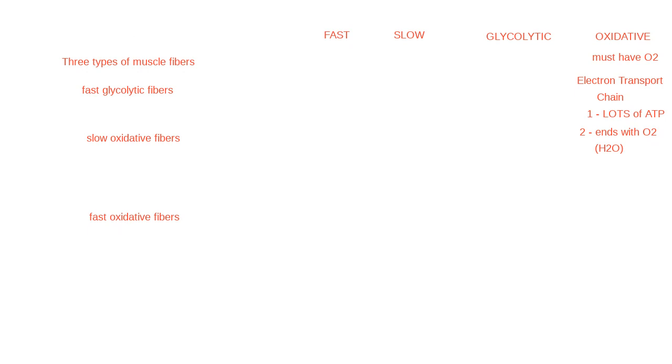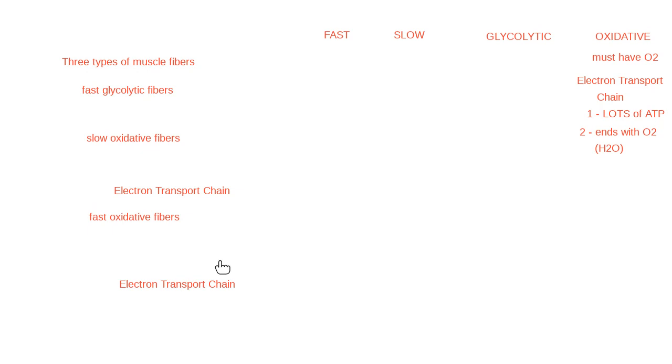So if you see oxidative in the name of a type of muscle tissue, that's a type that makes its energy using the electron transport chain.